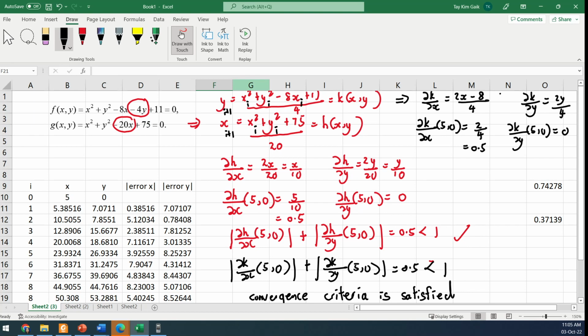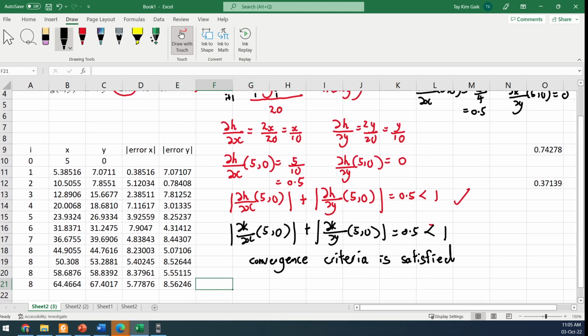So with x naught, y naught, you can calculate y number 1, and with x naught, y naught you calculate x number 1. The error columns, error x and error y, you can maintain because they are the same. I just need to change the formula for x.